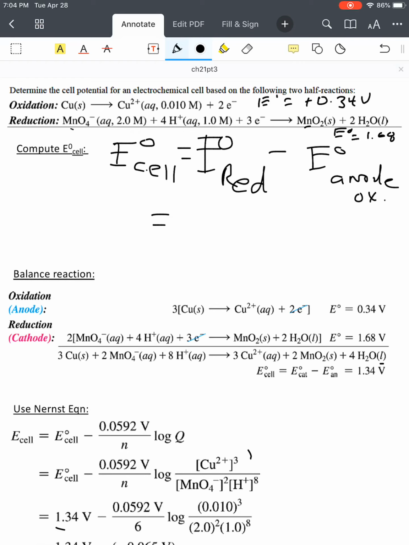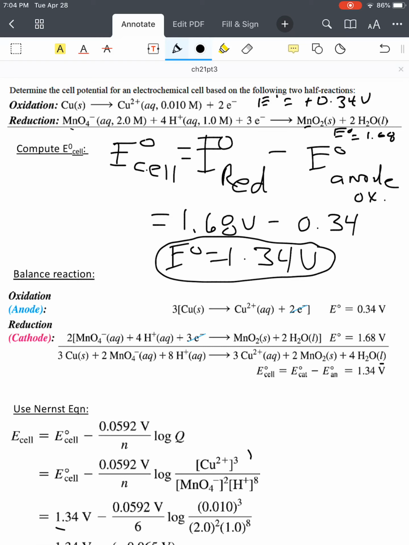So that's my two reduction potentials for the chemistry of interest. So I need to take my half cell reduction potential for the reduction, 1.68 volts, and subtract the value for the oxidation. Here that's a positive 0.34. If I do the math, it looks like I get 1.34 volts for my E0. That is my standard cell potential.